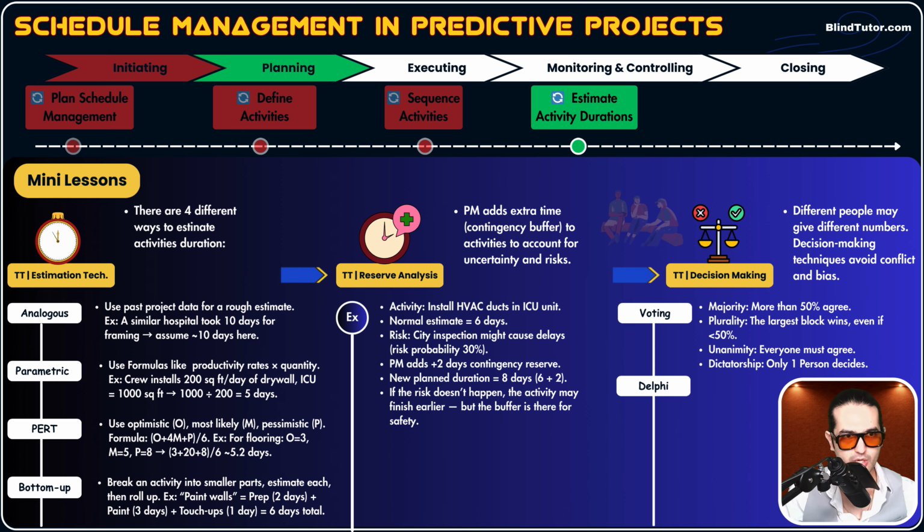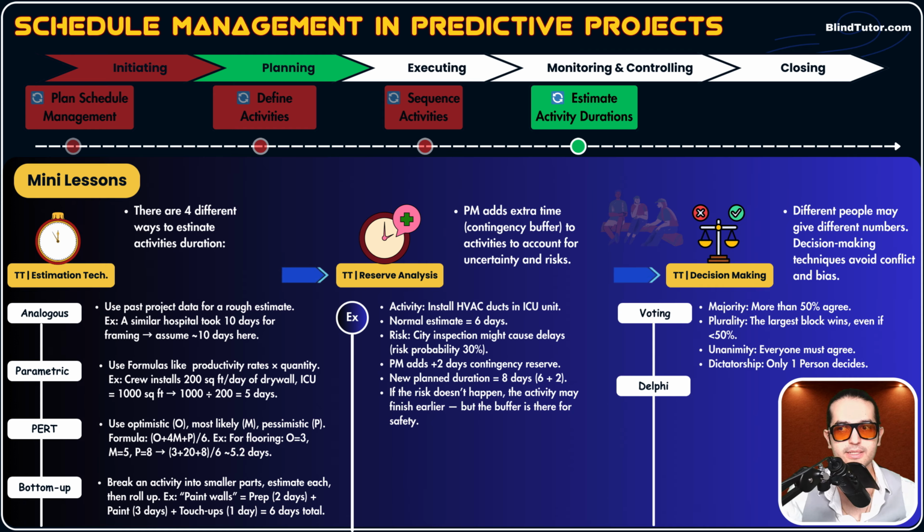Since we use majority, now we estimate that activity as 5 days, not 7 days, or not the average. Why? Because we use majority. Between 3 people, 2 of them, 66.66% of the meeting participants, say use 5 days. So it is more than 50%. We use 5 days as our estimation.